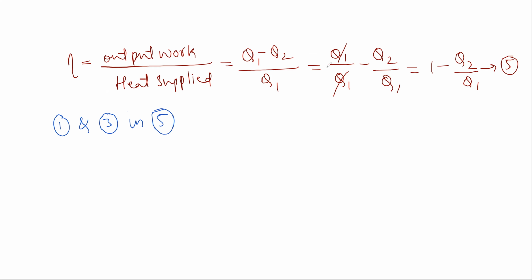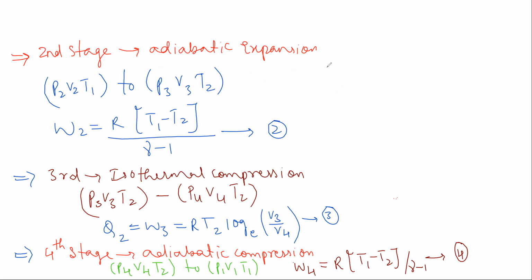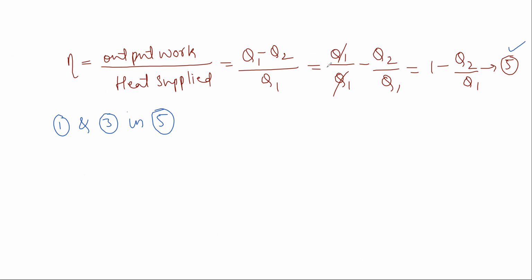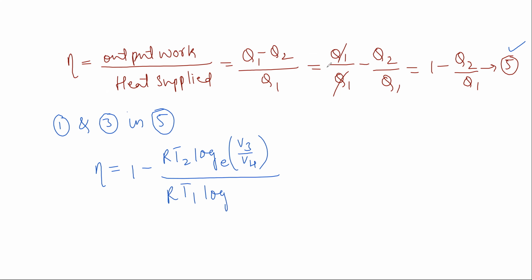Equation 1 first comes here, then equation 3, and we substitute both of these in equation 5. So what happens then: efficiency eta is equal to 1 minus RT2 log to the base e in the bracket V3 divided by V4 whole divided by RT1 log of V2 divided by V1. This is equation 6.